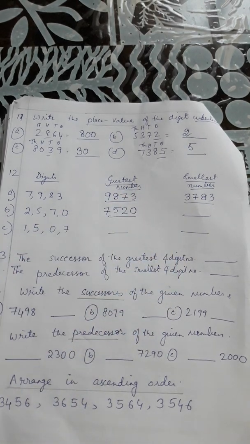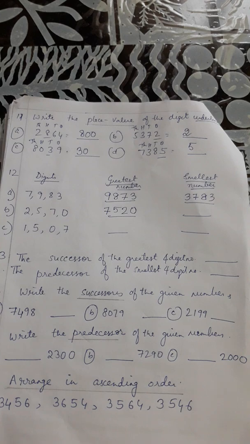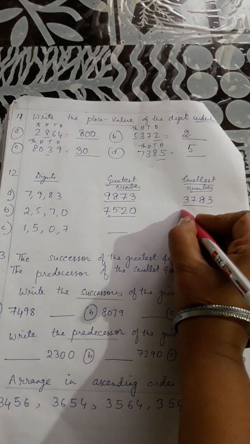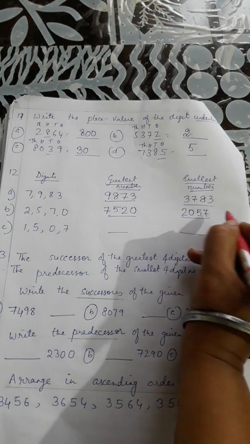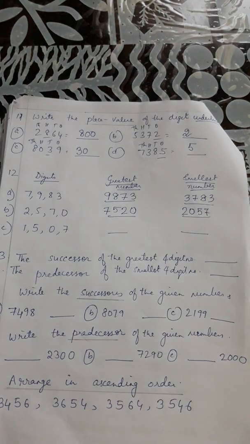So the greatest number with the digits of 2570 is 7520. And the smallest number: you cannot put 0 in the beginning, so after the first digit you place 0, then the smaller numbers. So 2, 0, then 5, 7. The smallest is 2057.